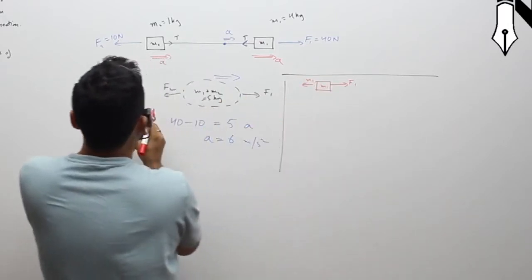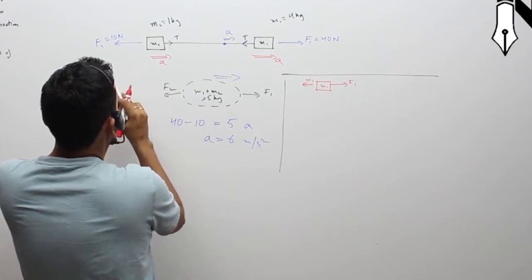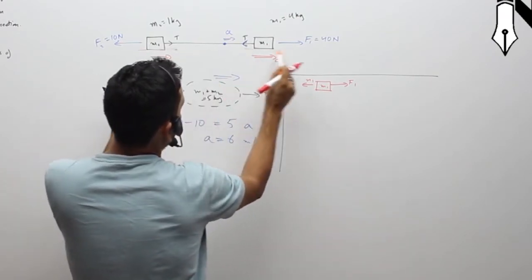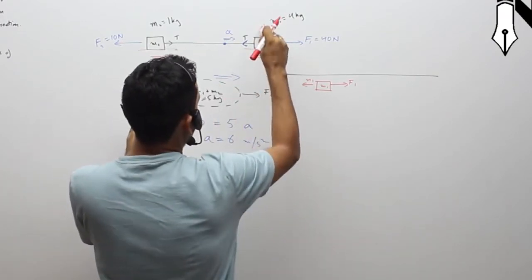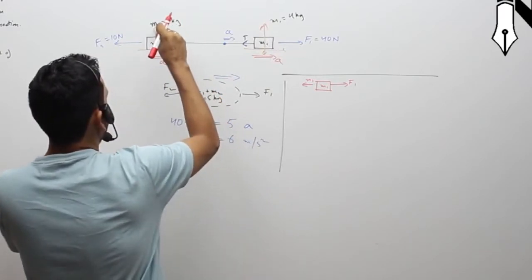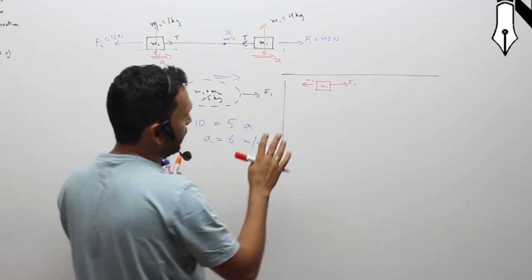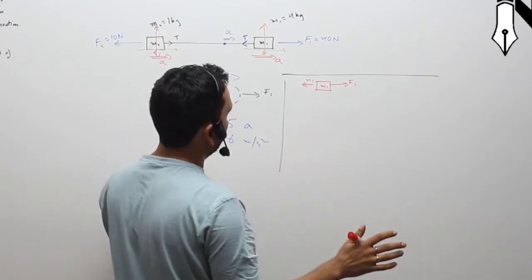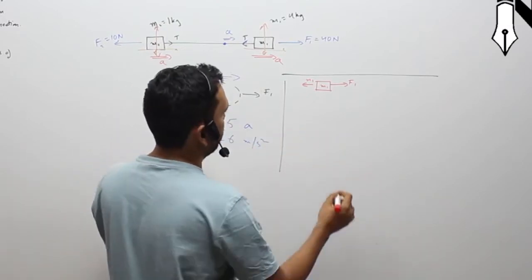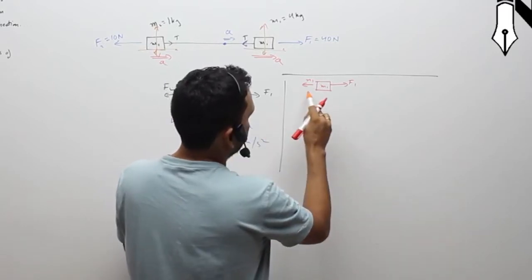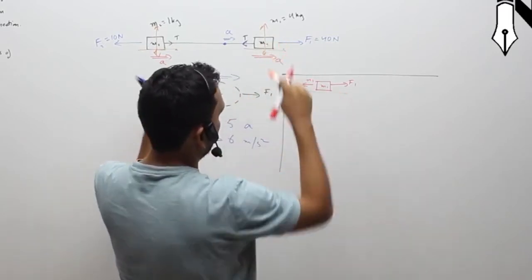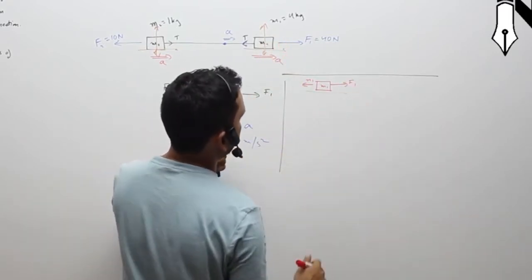So I am just assuming that it is on a platform which is horizontal, so the vertical forces mg and normal reaction are cancelled. Even though I should be writing them, that will be used a lot when frictions come into play. So my fault, I did not write the vertical forces. I'm not going to write here also.